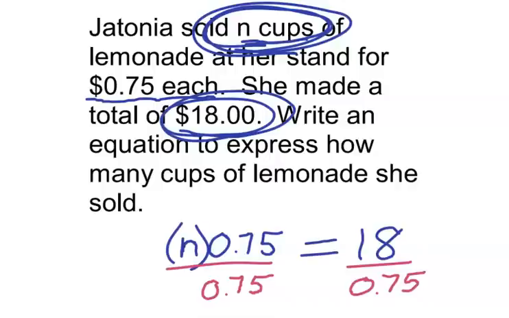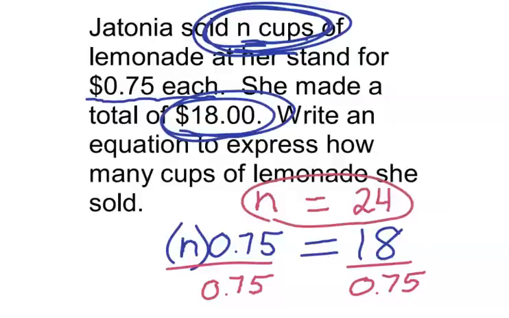So that just means there's one N left on this side. It's just 1 and an N, so 1N. And then on this side, you're just going to take 18 divided by 0.75, and that's going to give you 24. So, if we were asked to find out how many cups of lemonade they did sell, we could actually tell them that it was 24 cups. All right, so that's all for that one.